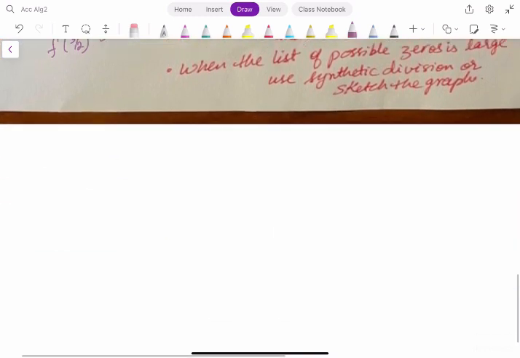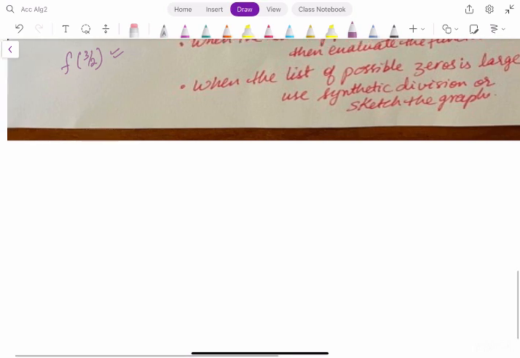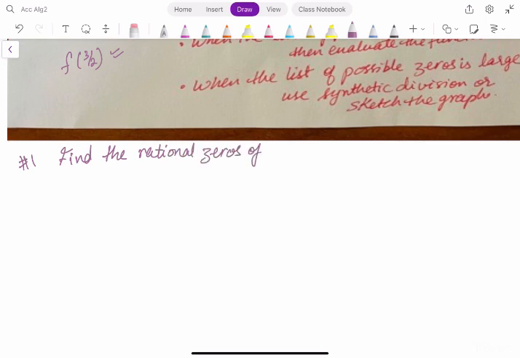Let's take a few examples and understand how this theory can be applied to real problems. So the first problem that we will be taking is finding the rational zeros of f of x, which is 2x cubed plus 3x squared minus 8x plus 3.